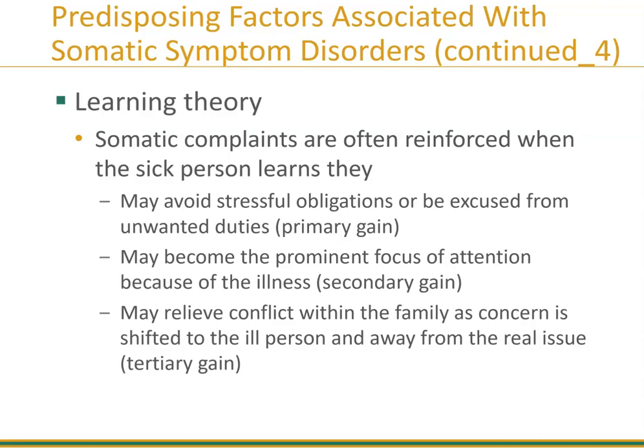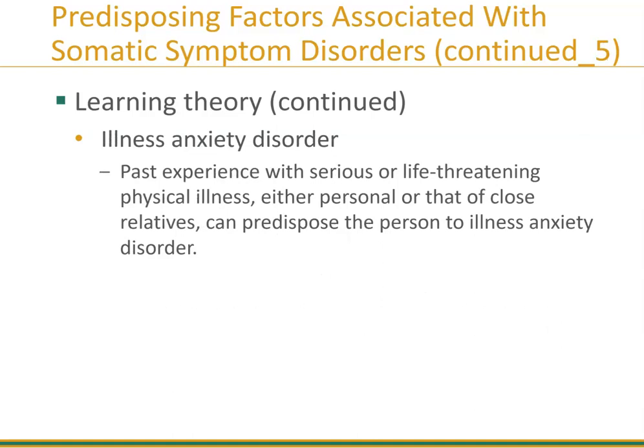So a lot of the predisposing factors are within the person who's having the symptoms. Sometimes they may have these symptoms because it relieves anxiety, but also because they are gaining something from it. And then the learning theory also says that past experience with serious or life-threatening physical illness, either personal or that of close relatives, can predispose a person to illness, anxiety disorder.